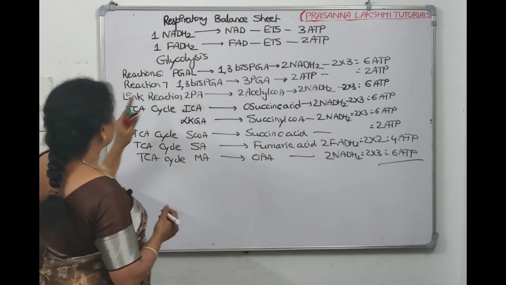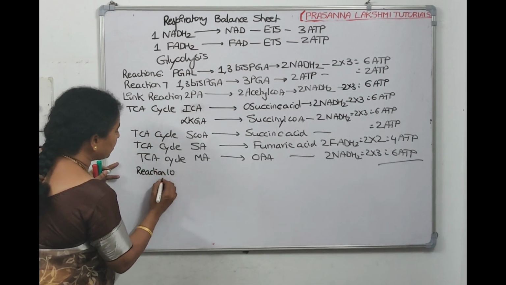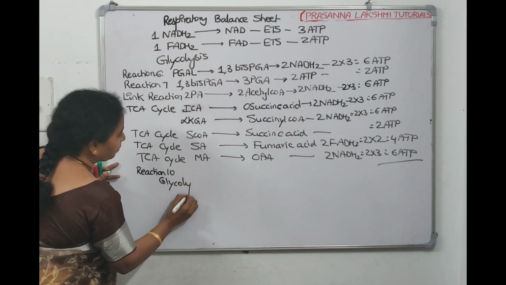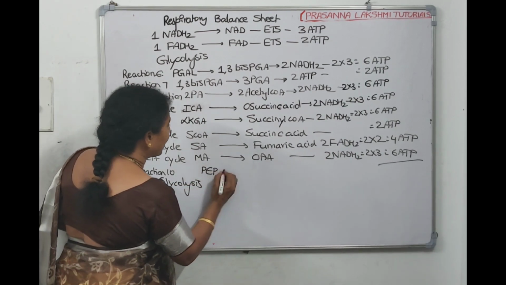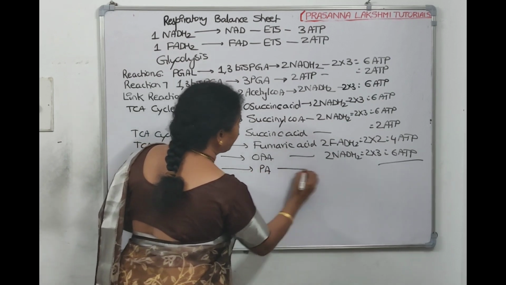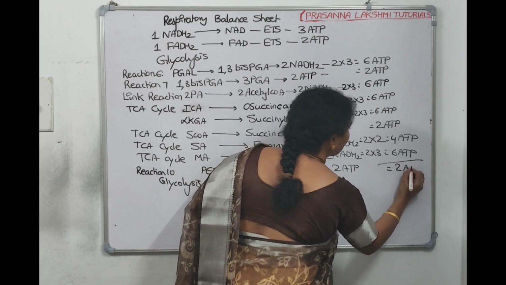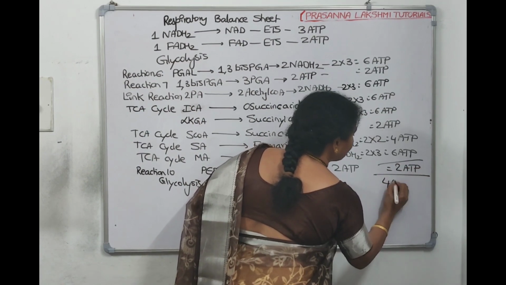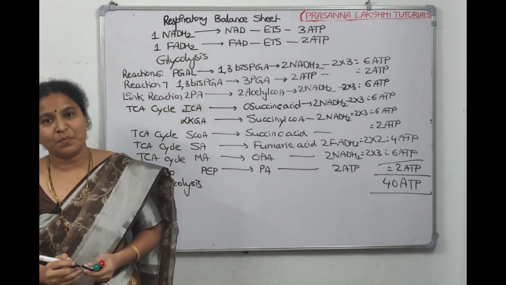One more thing we need to write. What is that? Reaction number 10. I forgot to write. Reaction number 10 of glycolysis, where phosphoenolpyruvate gets converted to pyruvate, then 2 ATPs, right? So when you take those 2 ATPs, a total of 40 ATPs will come. When you calculate all these ATPs, 40 ATPs will come.